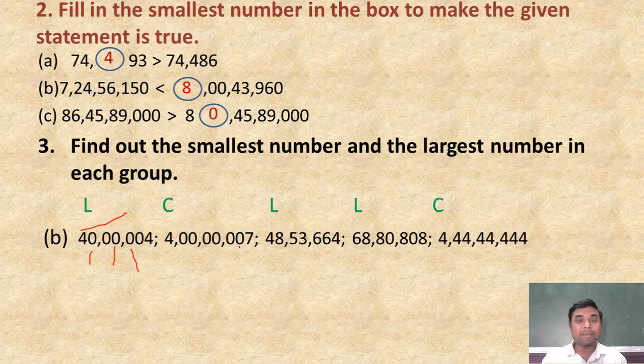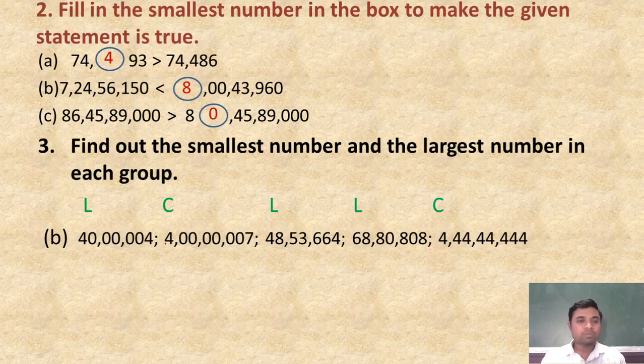I have told you that you have to write the period, not the place. Similarly, this is crore, this is lakh. This is lakh means this is lakhs period, not these 4 places lakh. Similarly for 68 this is lakh, for 4 this is crore.